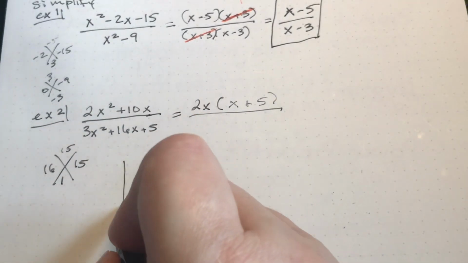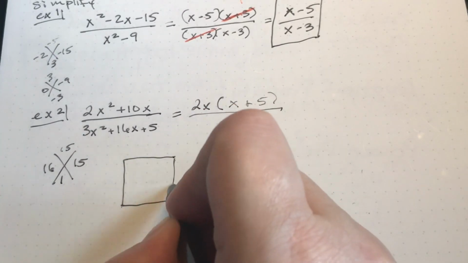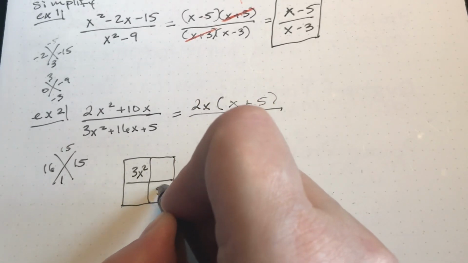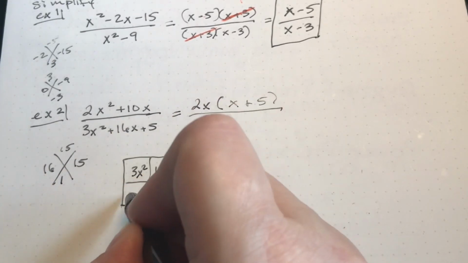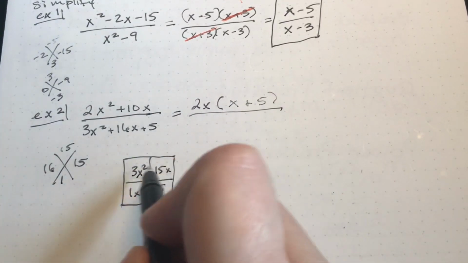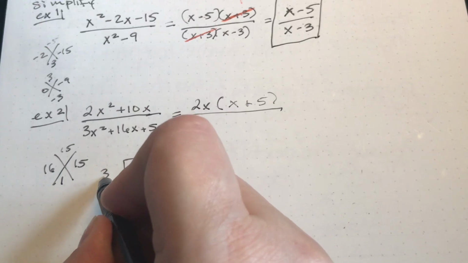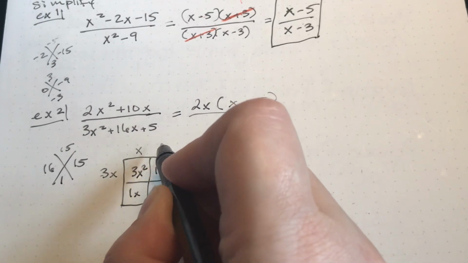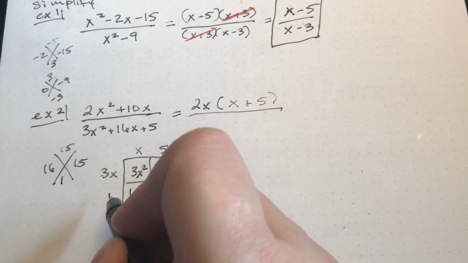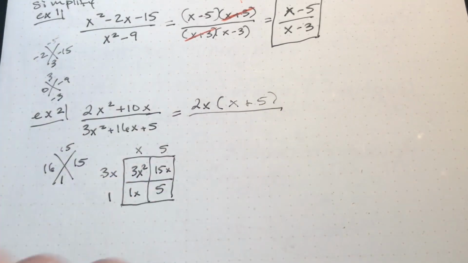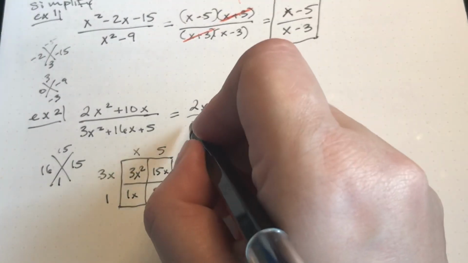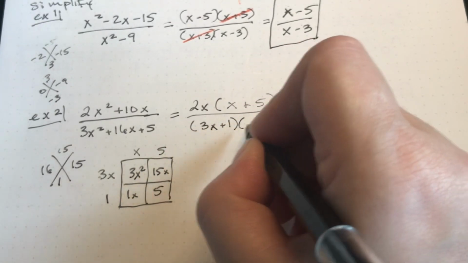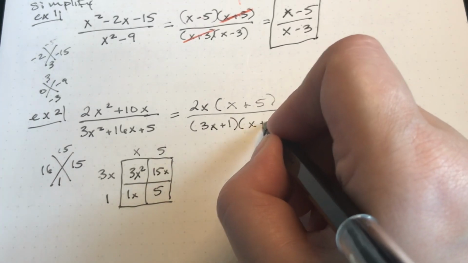So then if I do my box, I have 3x squared and 5, and then I have 15x and 1x. My greatest common factor here is 3x, and 3x times x, and 3x times 5, and then here my greatest common factor is 1. So 1 times x, 1 times 5, that works. So now this factors to be 3x plus 1 times x plus 5.